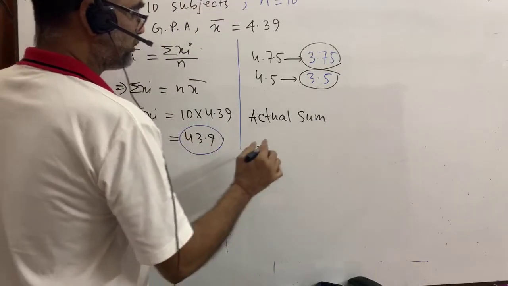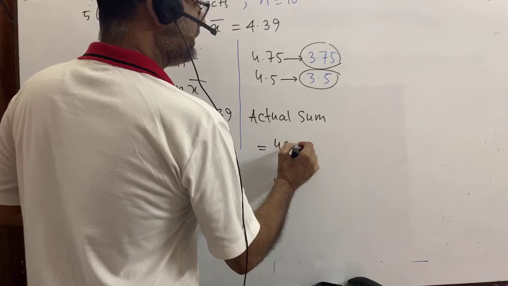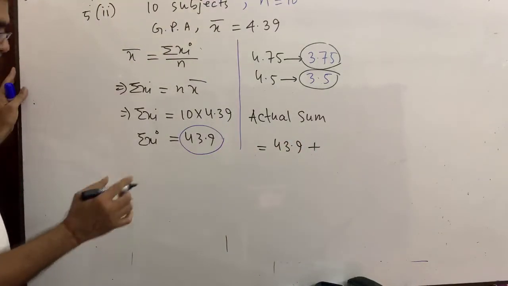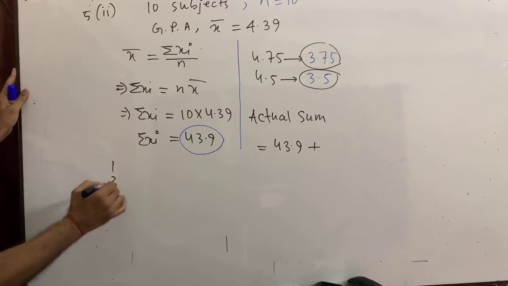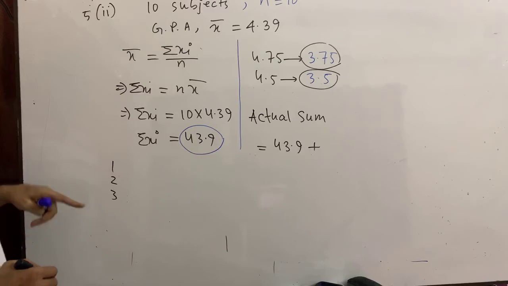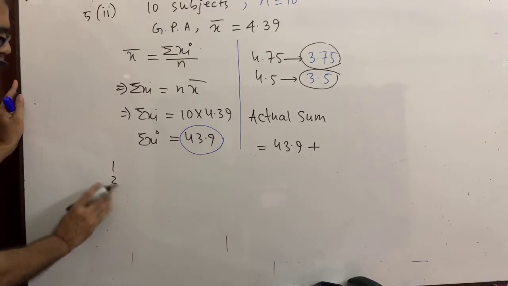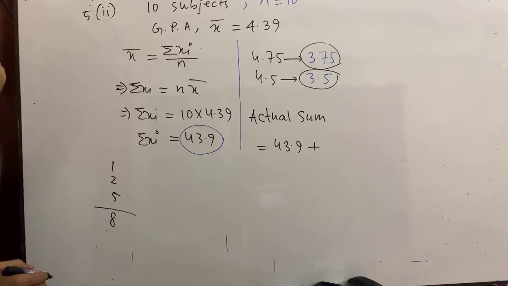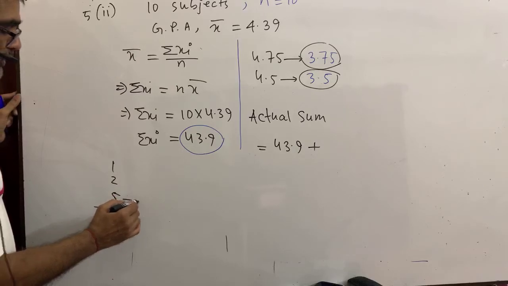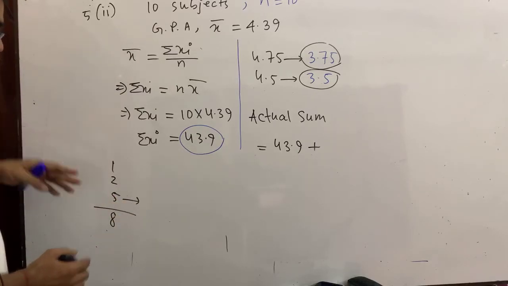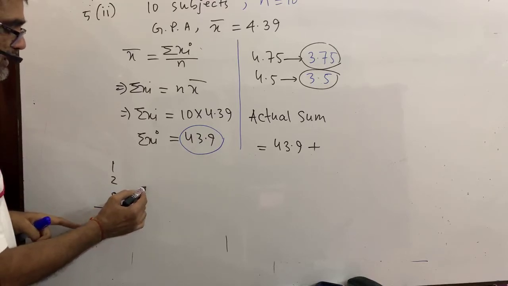It is 43.9 plus, by the way, suppose 1 2 3, or 1 to 5, suppose 1 to 5, what, 5 to 7 plus 1 is 8. Actually he mistook here. For 5 it would actually be 6, suppose it would actually be 6.